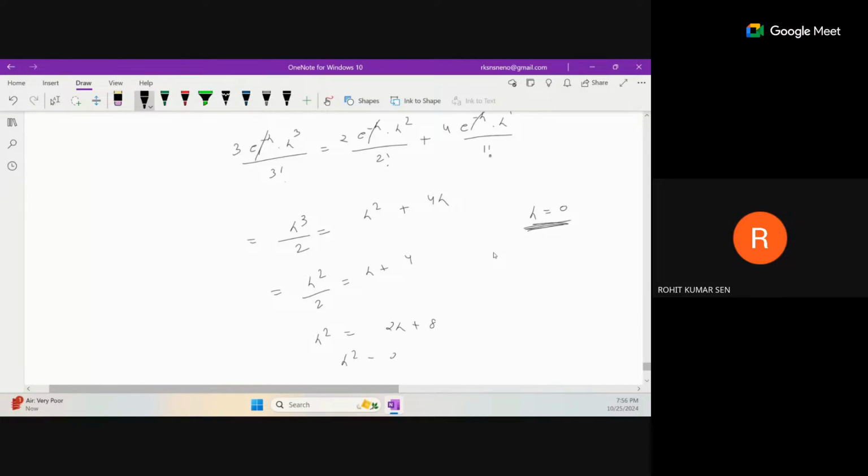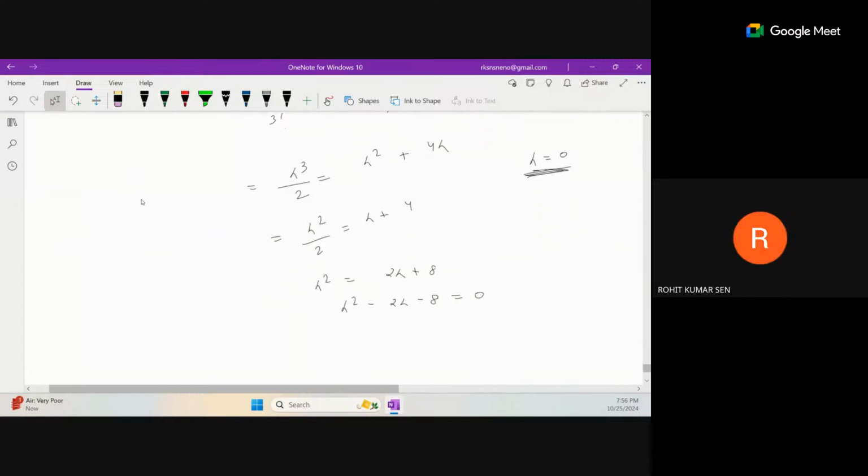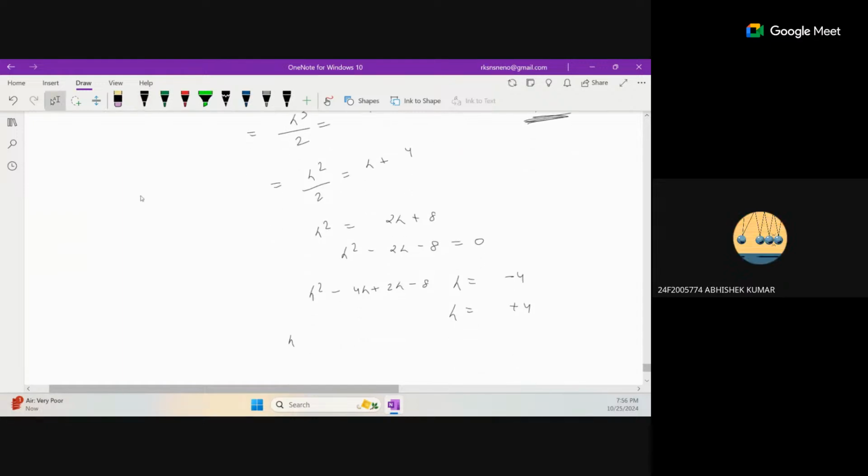So lambda square minus 2 lambda minus 8 is equal to 0, right? And if you solve, what will you get? 4 into 2 is what? 8. So 4 lambda, minus 2 lambda. Right? Yes, sir.